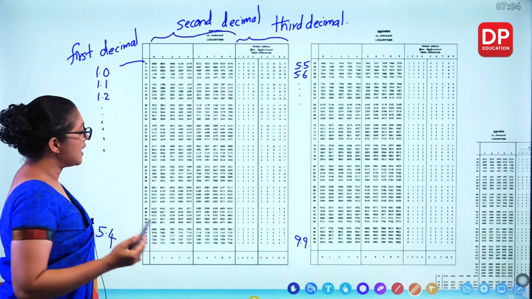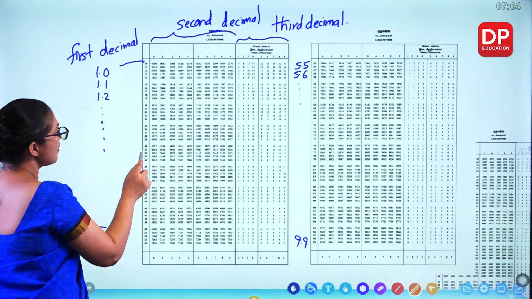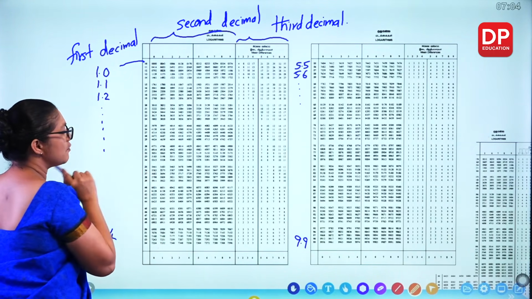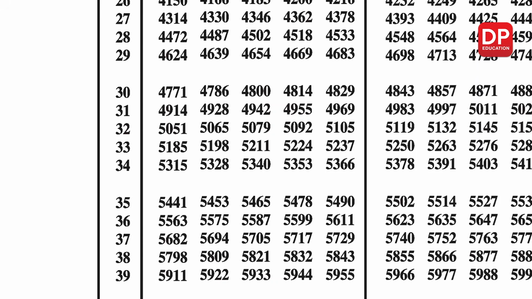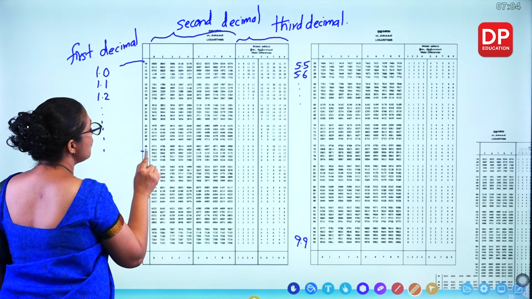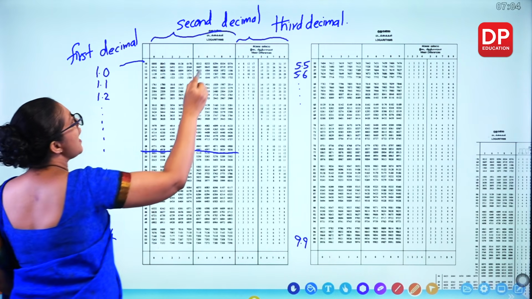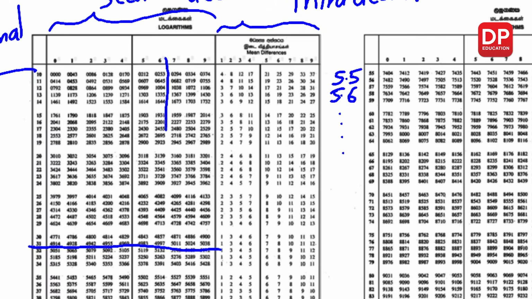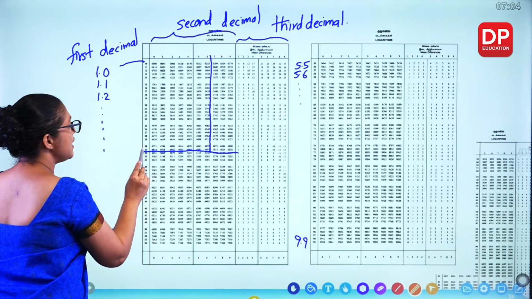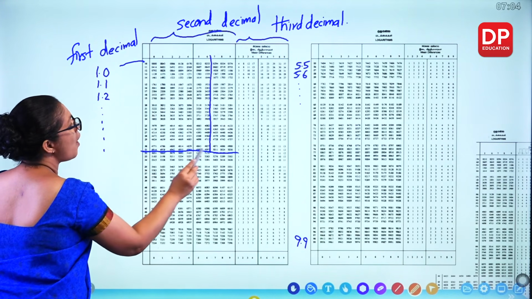Now we'll take any number. Okay, 32. What does it mean? 3.2. So if you refer to this row and this column, what is this value? This means 3.16.